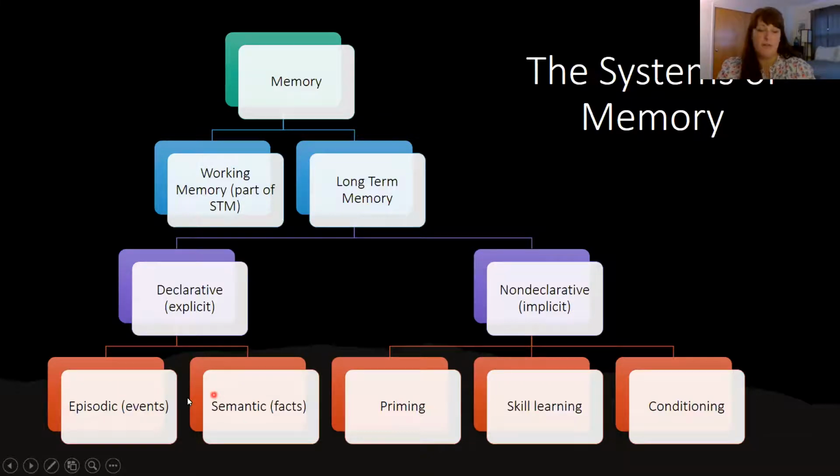So episodic is memory for events, and semantic is memory for facts. And then non-declarative memory, which is also sometimes called implicit memory, which we'll talk more about in a minute, has a few different types: priming, skill learning, and conditioning. We're going to focus probably more on skill learning here for non-declarative memory. Okay, we can move on to the next one.